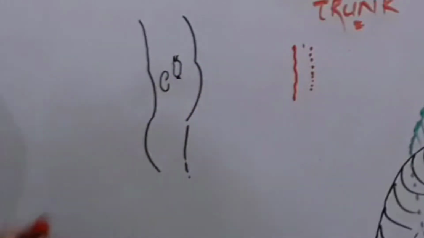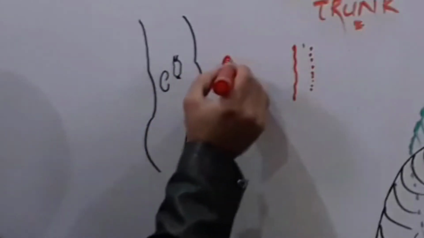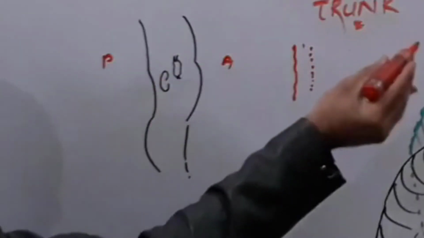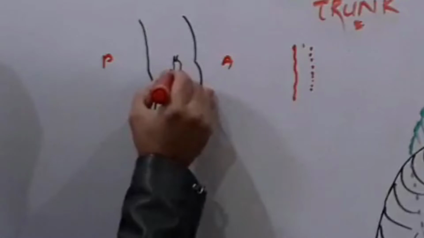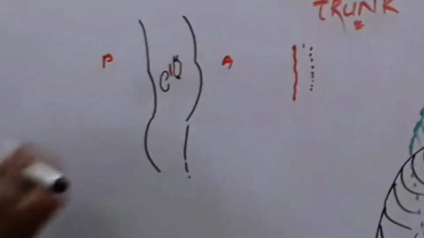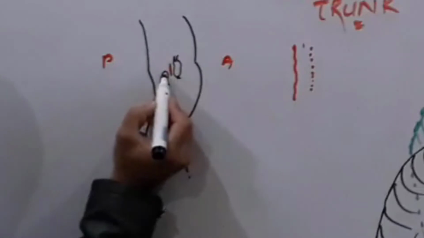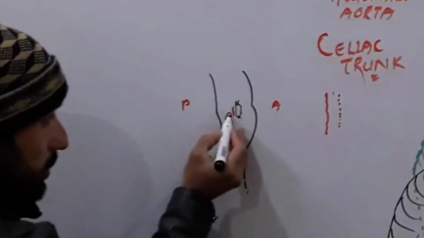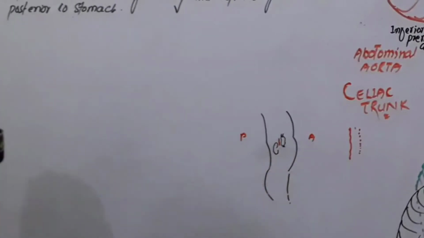As this is the anterior part and this is the posterior, this artery bifurcates from the celiac trunk and moves like this. So that's why this artery is present posterior to the stomach and anterior to the kidneys.